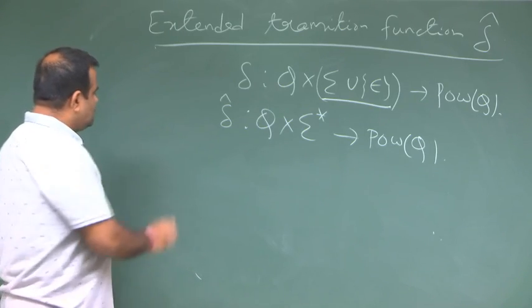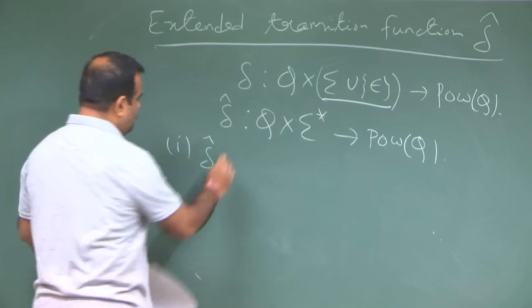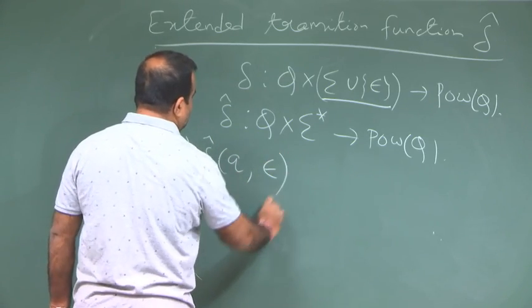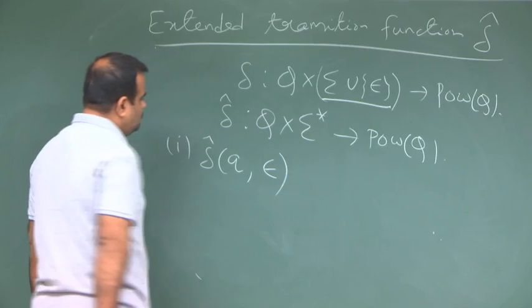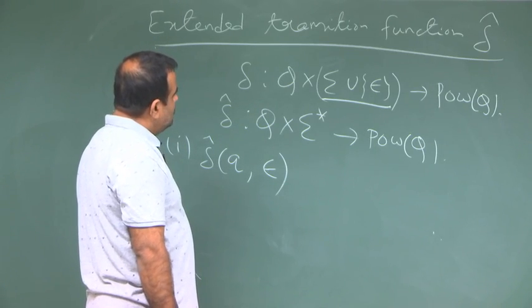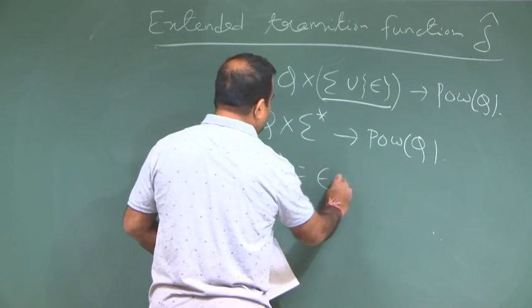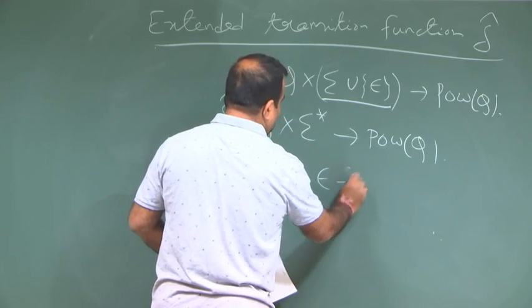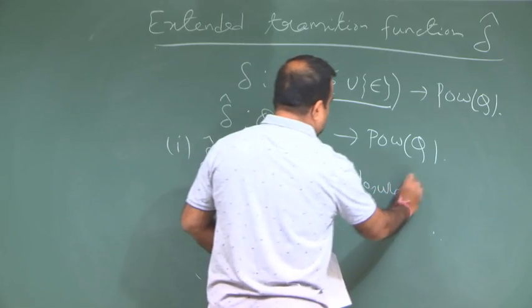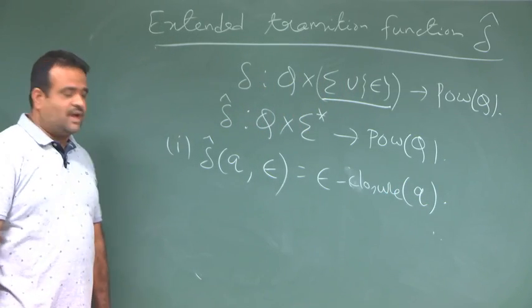To define this, the base case is the same: delta hat of q epsilon, because epsilon also belongs to this. Okay. This is basically the epsilon closure of q, because we have an epsilon move here.